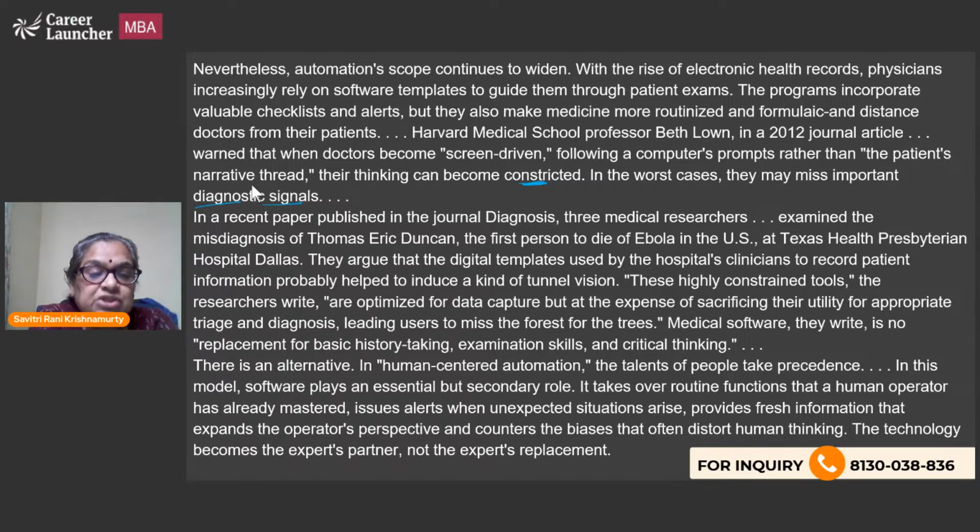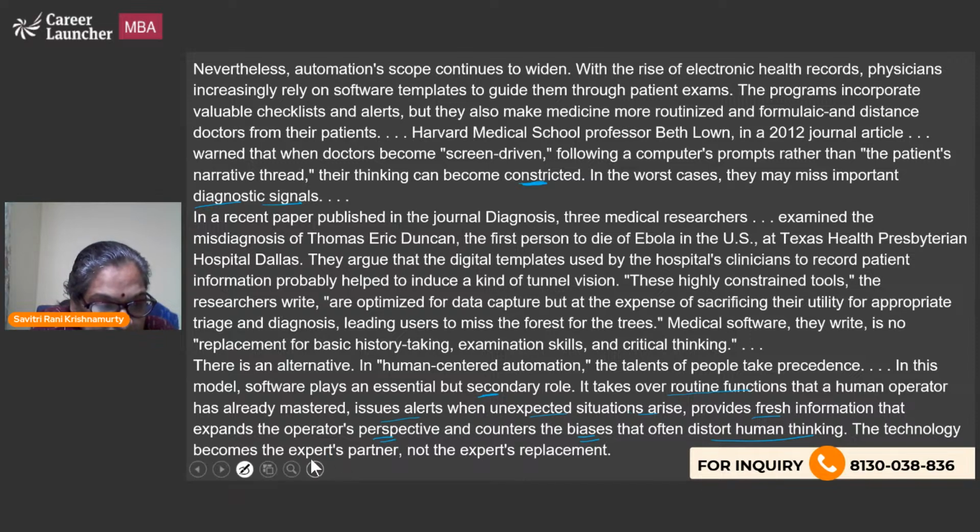In this model, software plays an essential but secondary role. It takes over routine functions that a human operator has already mastered, issues alerts when unexpected situations arise, provides fresh information that expands the operator's perspective and counters the biases that often distort human thinking.